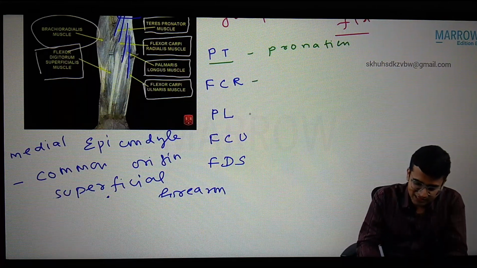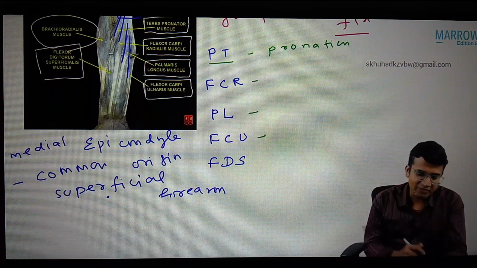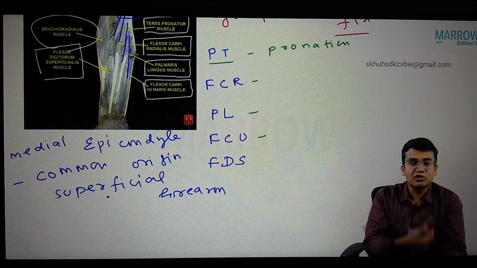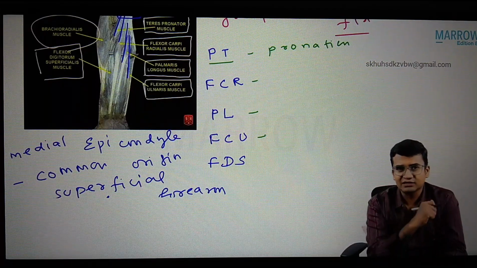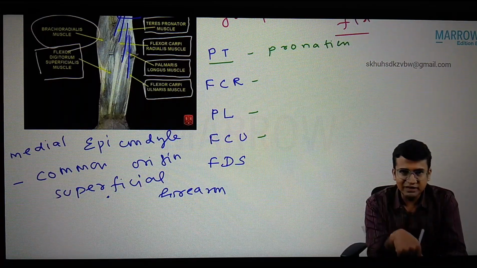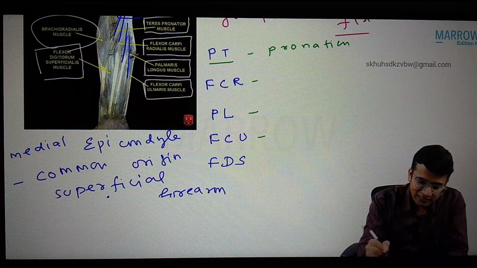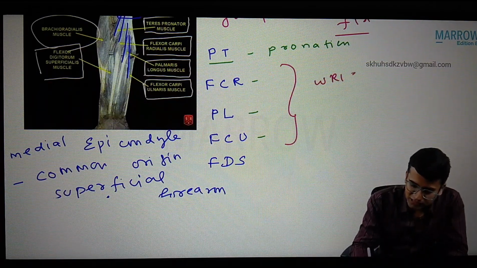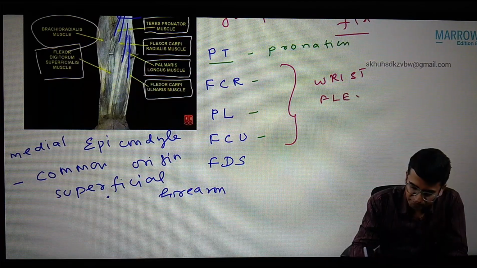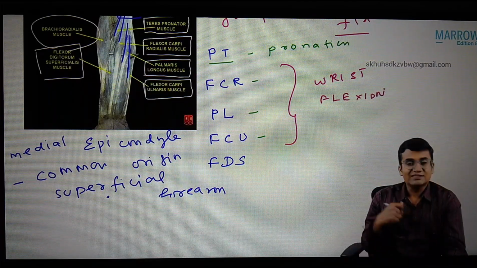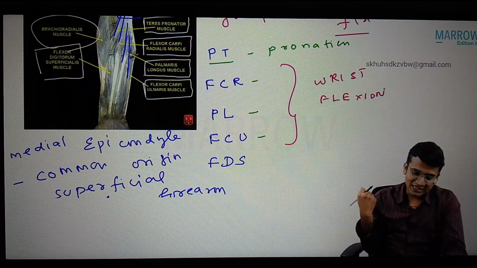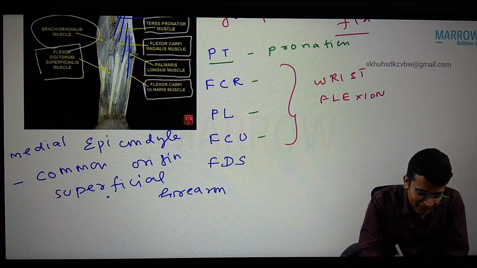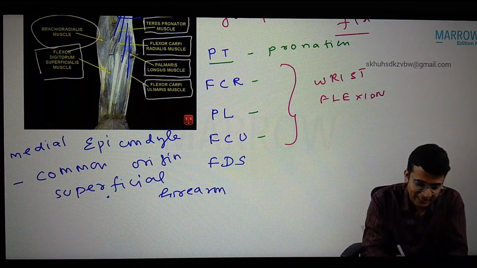Flexor carpi radialis, palmaris longus and flexor carpi ulnaris cross the wrist joint in the front side. What do they do? They bend the wrist joint in the front side. They do wrist flexion. Now flexor carpi radialis and flexor carpi ulnaris deviate the forearm in the corresponding side.